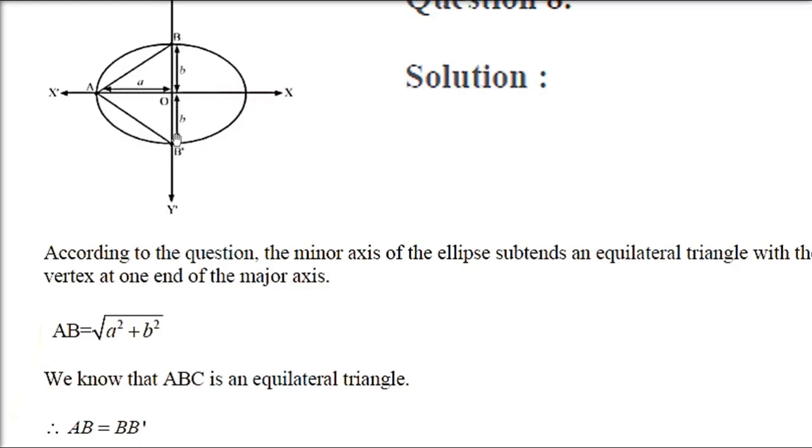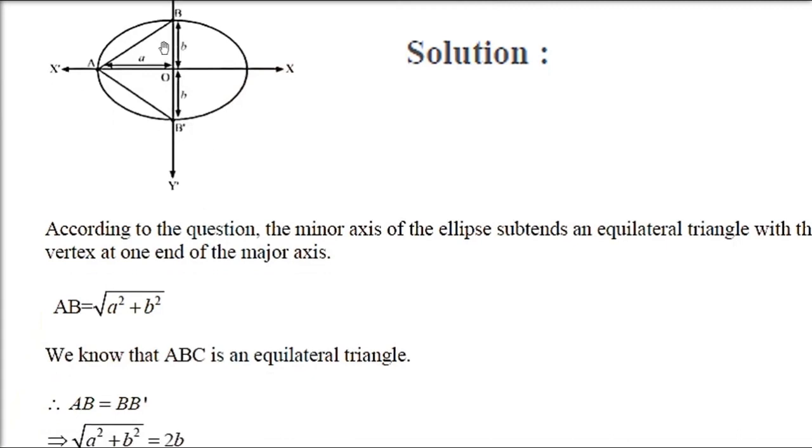Now this triangle AOB, we are taking this triangle. We know that AO is a and OB is b, that is the semi-major and semi-minor axes. So we can find out AB, that is the side of this equilateral triangle. I'll just show you with the diagram what I'm talking about.